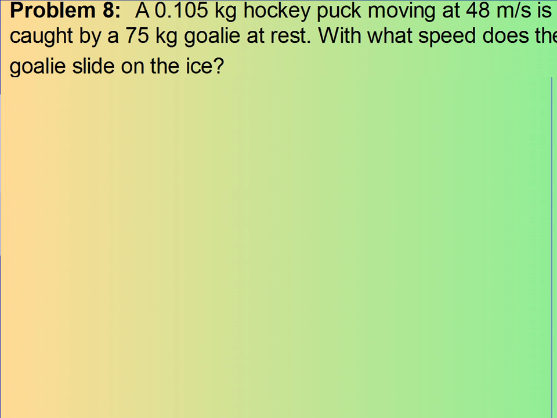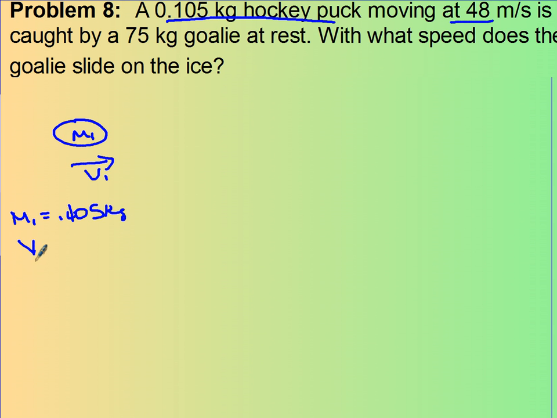Now, suppose I have a goalie and hockey puck. Let's see. I have a 0.105 kilogram hockey puck moving at 48 meters per second. So what does my hockey puck look like? I'm going to make it this way. I'm going to call it M1. And it's moving with some initial velocity. So M1 is 0.105 kilograms.